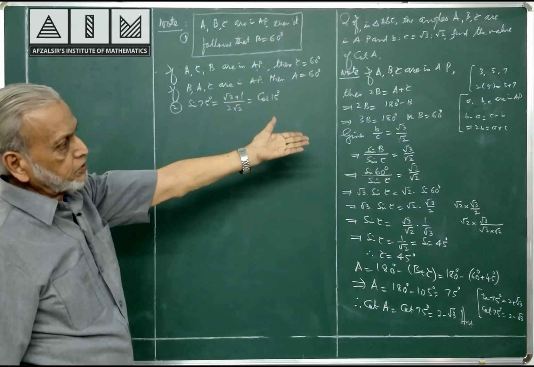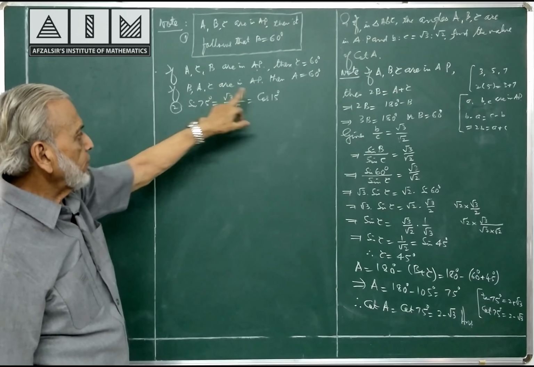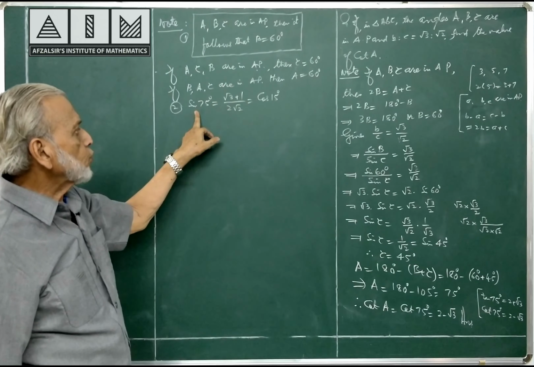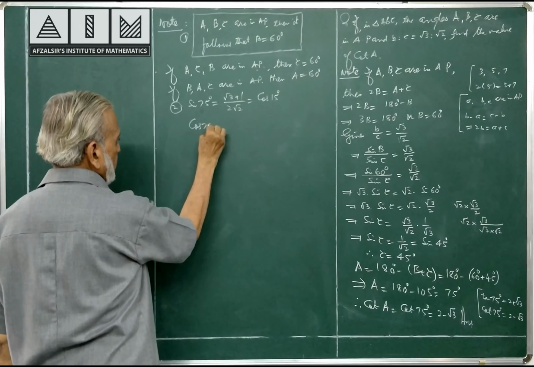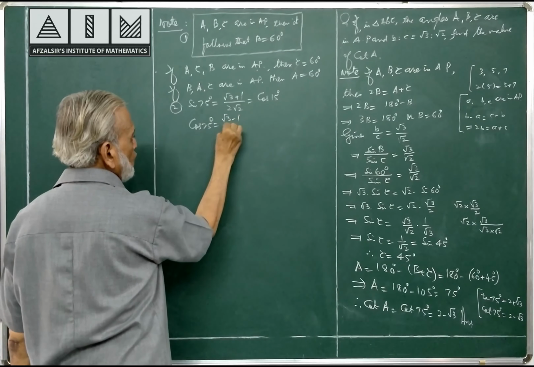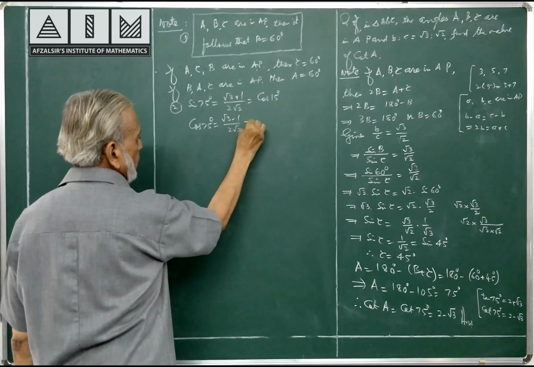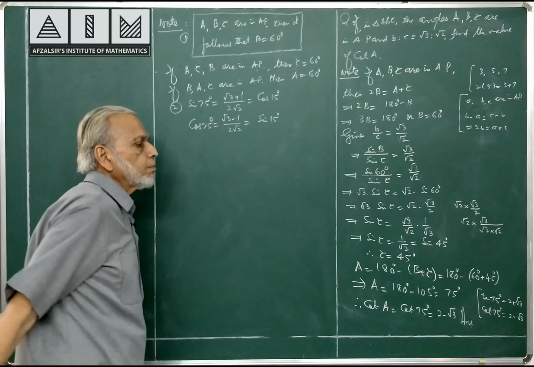In the previous classes I have told you they are complementary properties. Sin 75 is cos 15, that is root 3 plus 1 by 2 root 2. Similarly, cos 75 is root 3 minus 1 by 2 root 2, which is also the value of sin 15 degrees by complementary property.